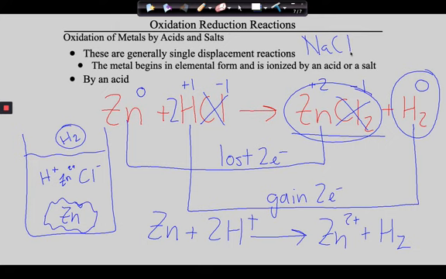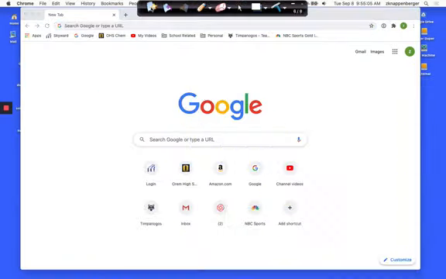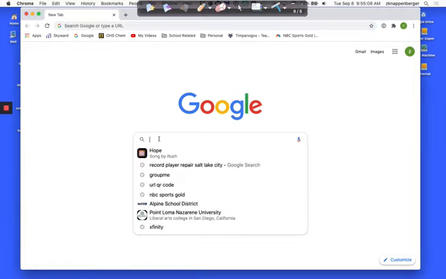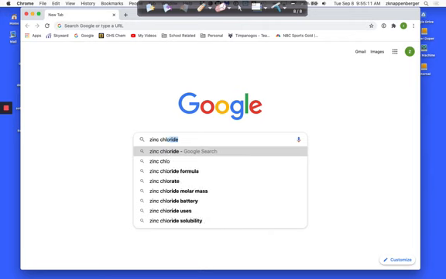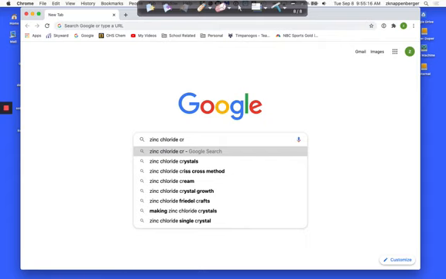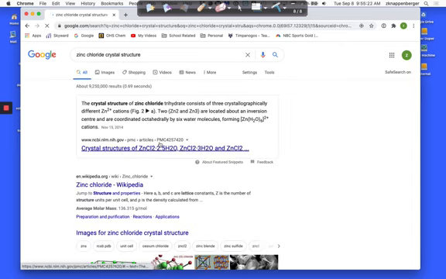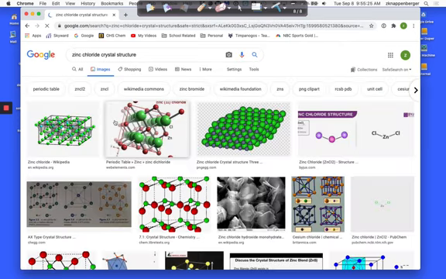It would be a zinc with 2 chlorines and then another. Well, let's just see if we can look it up. Rather than fake it, let's actually explore. Zinc chloride crystal structure. So this kind of gets us there.